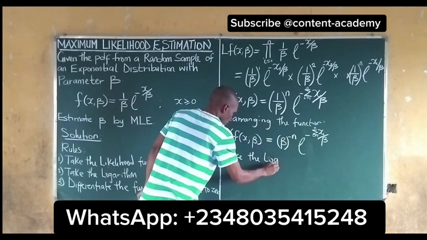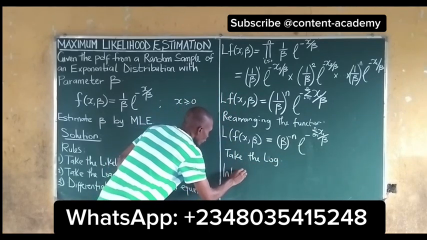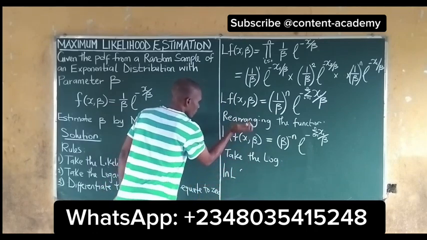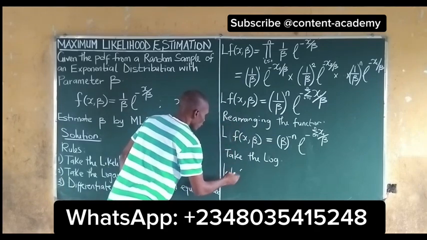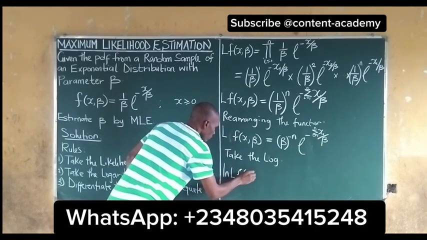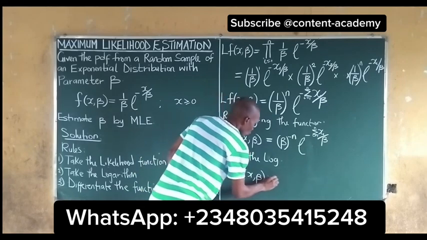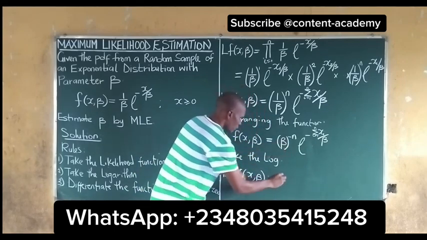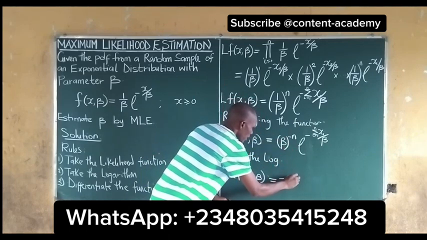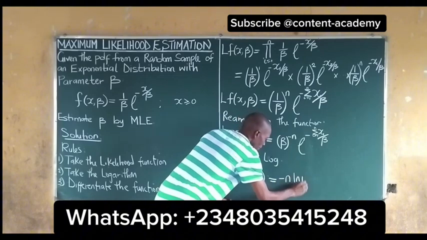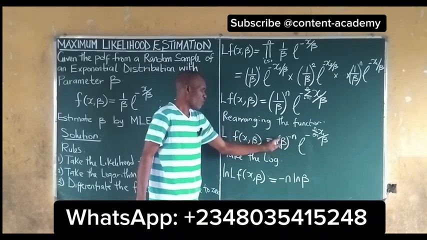If you take the log, the log likelihood function of the given function will be equal to negative n log beta.